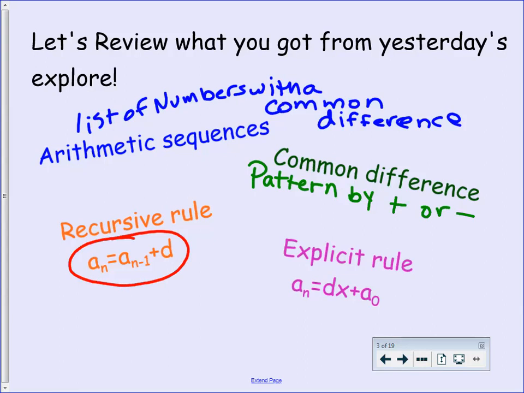This recursive rule helps us get from one term to another, probably the closest terms. So if I was at the first, it helped me get to the second, third, fourth, and so on, because the way the recursive rule works is I take whatever number I had last and add my pattern to it. That's what d is. d is my pattern.